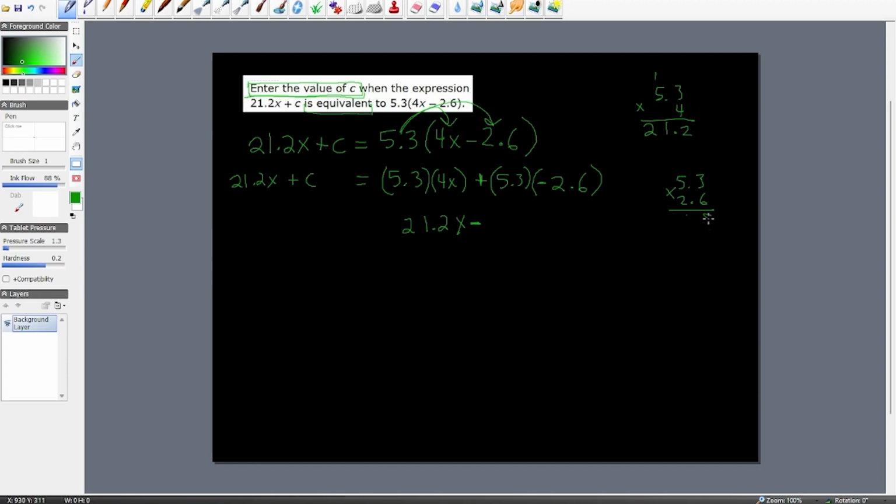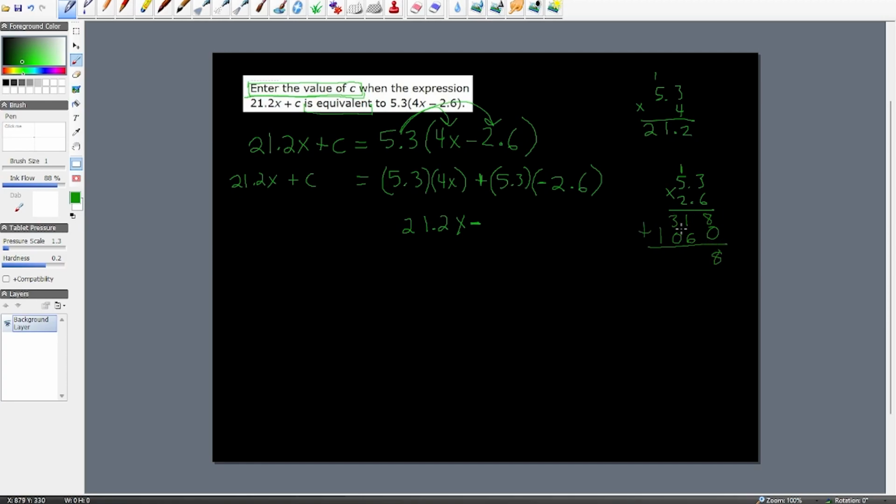Six times 3 is 18. Carry the 1. 6 times 5 is 30 plus 1, 31. 0. We go to the next row. 2 times 3 is 6. And 2 times 5 is 10.